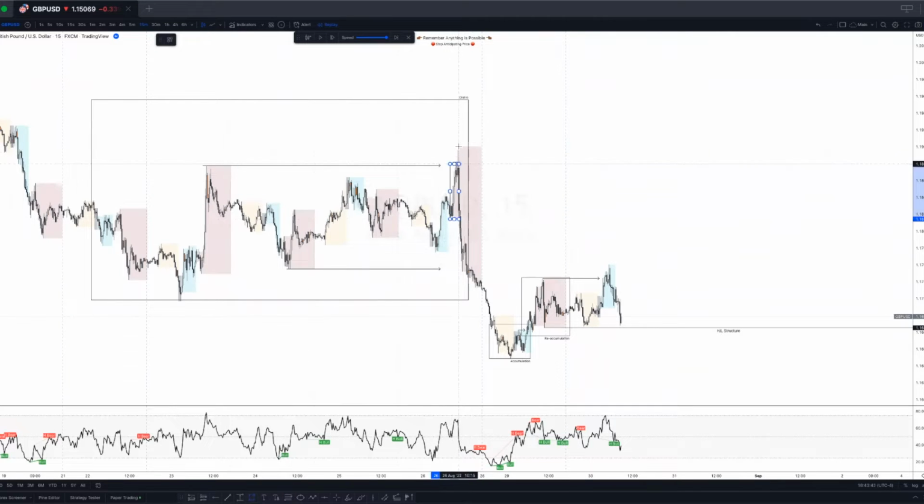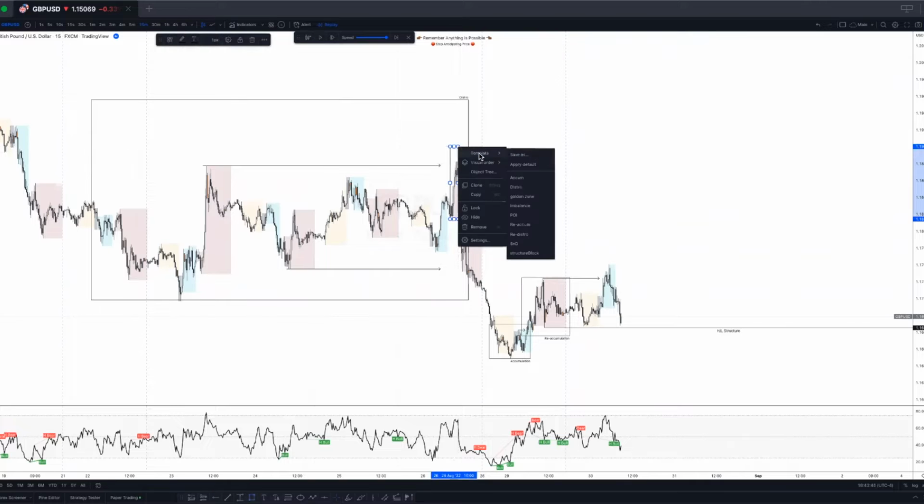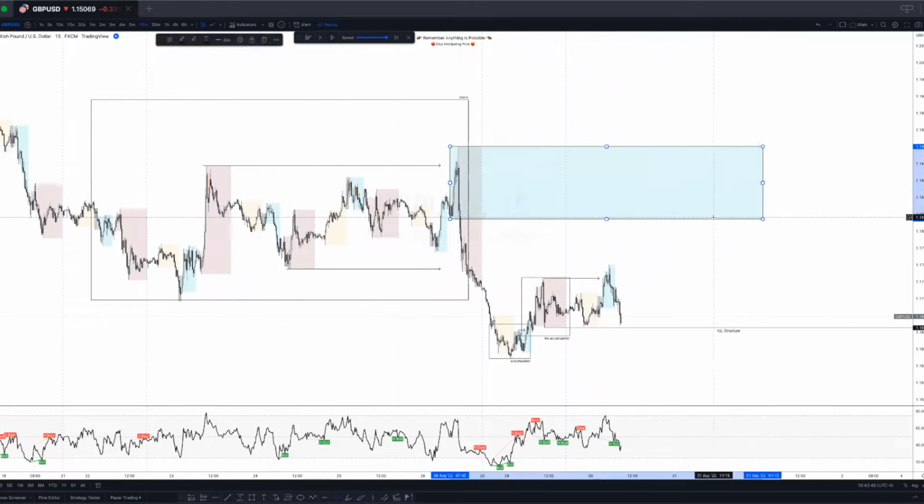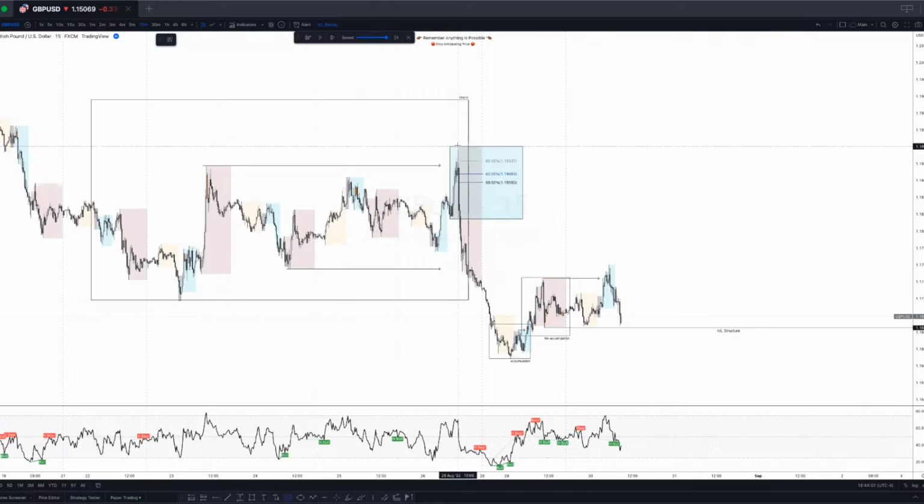This is the UTAG. Call that my structure block. Let's do this. Measure that out at 80%. Oh, hold on. And I want to take the entire range.